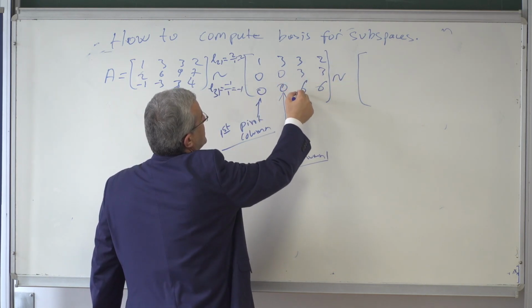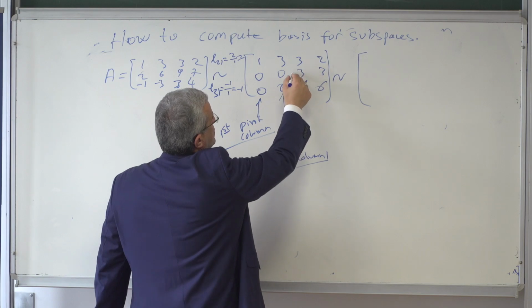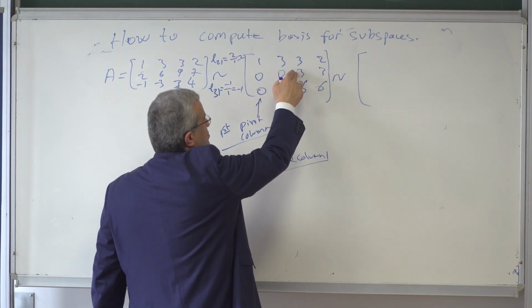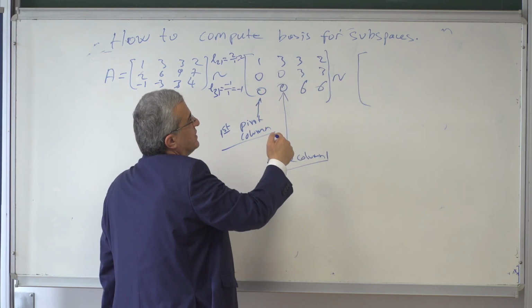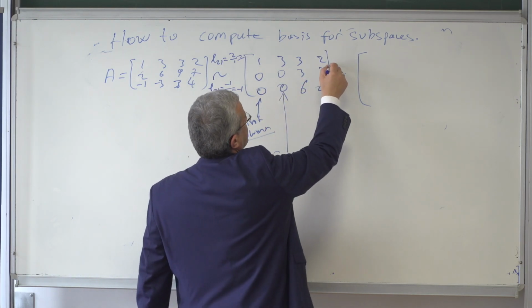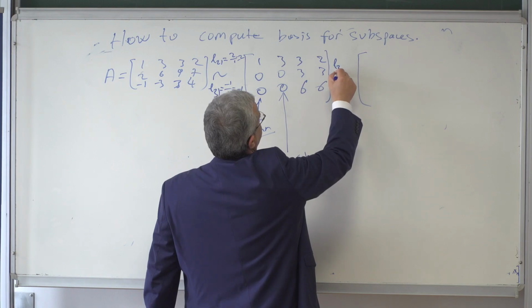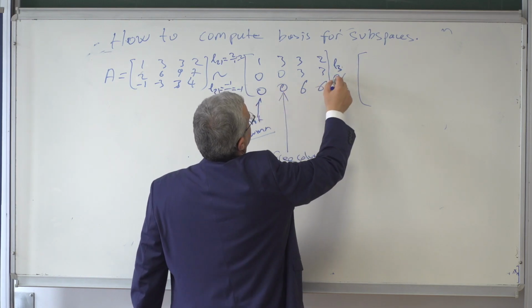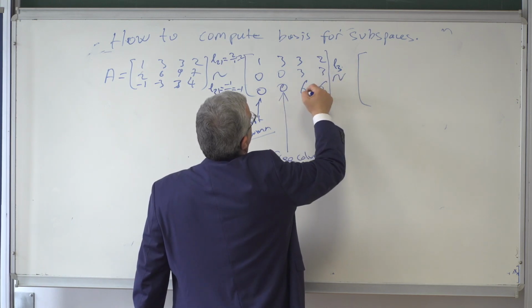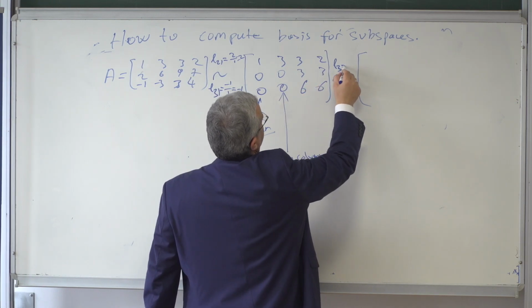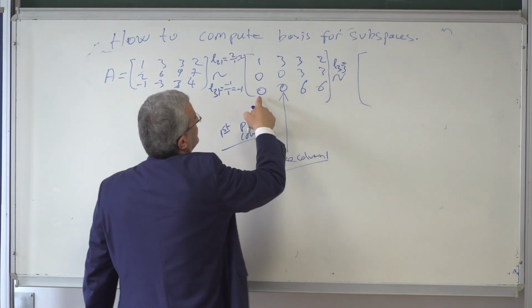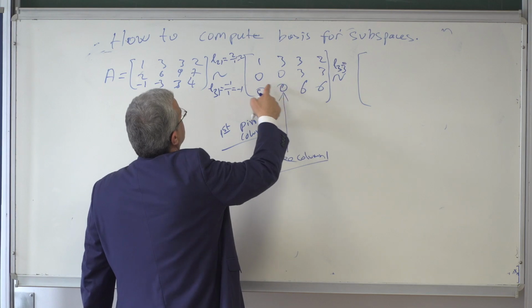So when I come here, this is not 0, good. So this second row has a non-zero term. I can use that to kill this one, right? So what is L32?